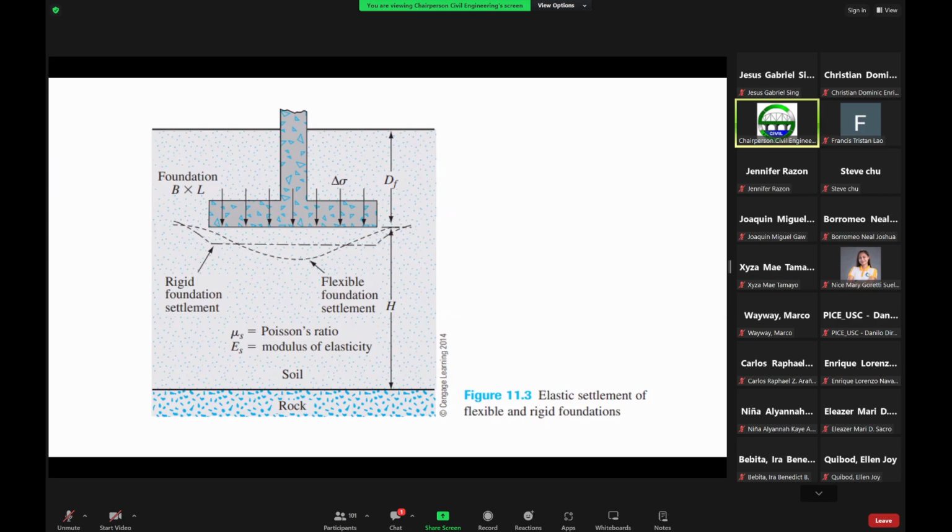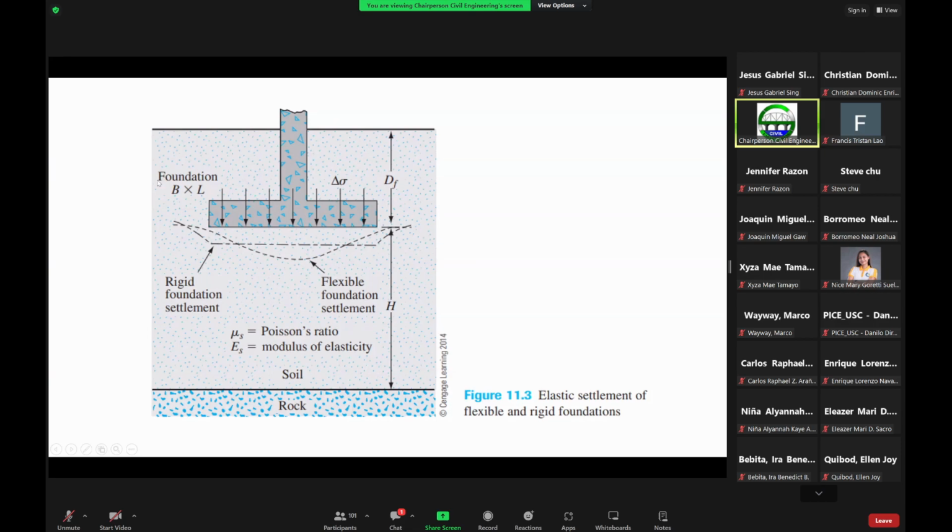Now again, depending on the foundation type, you can have a rigid foundation settlement, which is this diagram here, or you can have a flexible foundation settlement.